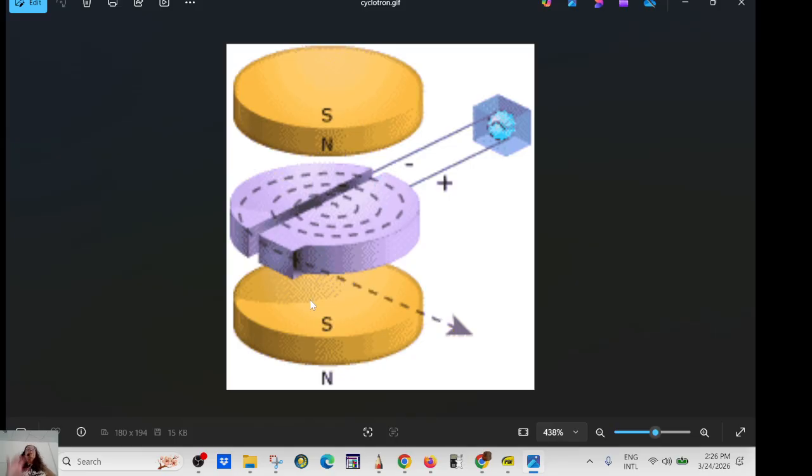The magnetic field will deflect, and the electric field across this gap will push. So you push, deflect, push, deflect, push, deflect. It's like a swing that you are pushing and pushing and pushing, so it goes faster and faster and faster. So you use that as a gun.